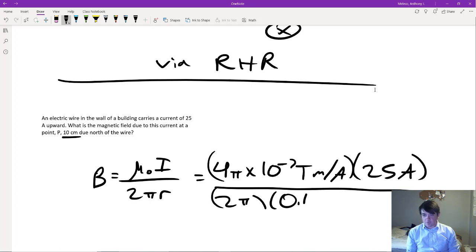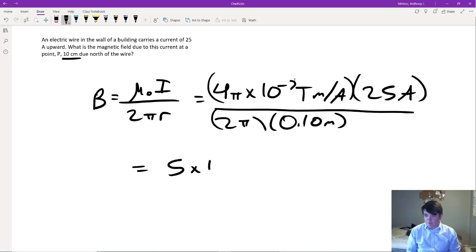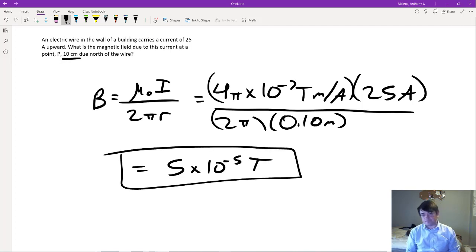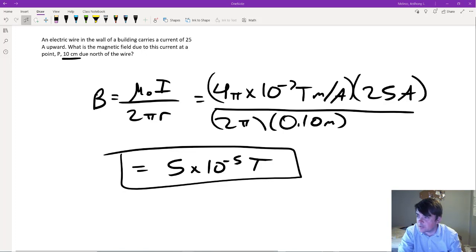If you plug all this into your calculator, and again, I converted the R, what you end up getting, or at least what I get, is 5 times 10 to the minus 5 Tesla. And that's pretty much it. You just plug in. It's not inherently complicated. It's not as bad as some problems.